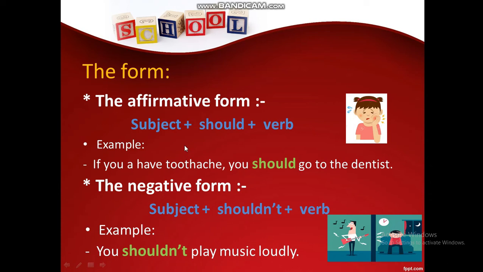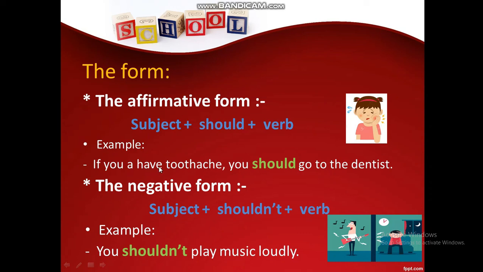In the affirmative form, we use subject, should, then the verb in the infinitive. We use the subject, which means the one who does the action, should, then the verb in the infinitive, which is the main verb.